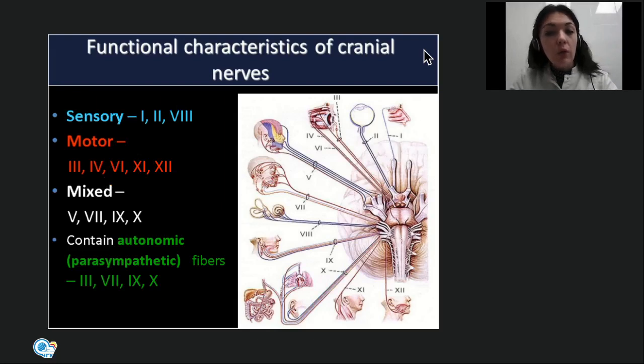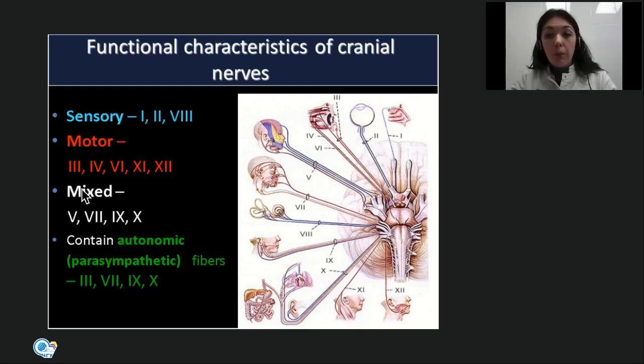We have already talked about them when we studied the organ of vision. All of these nerves participate in nerve supply of both extrinsic and intrinsic muscles of the eyeball. Also the 11th pair, the accessory nerve, is purely motor, and the 12th pair, the hypoglossal nerve, is a motor nerve.